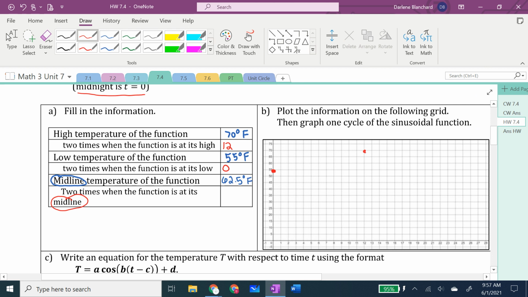So what time, give me a time when I'm going to hit my midline, given that we've got a low at time 0 and then a high 12 hours later. I have to hit my midline halfway through, right?